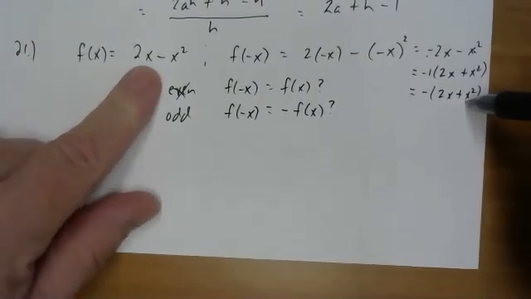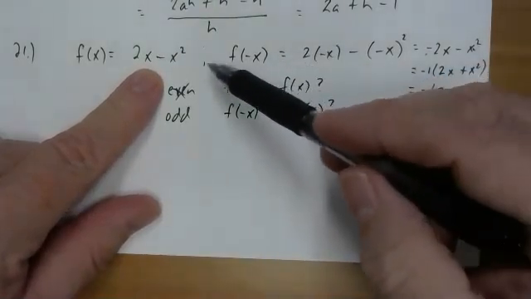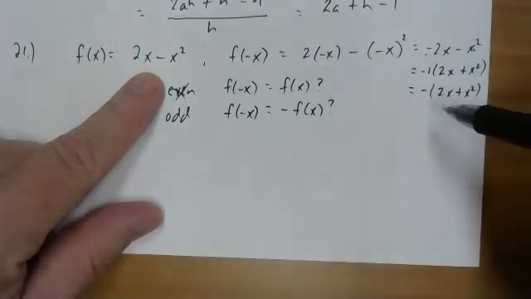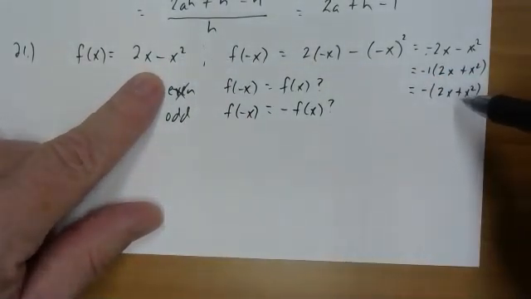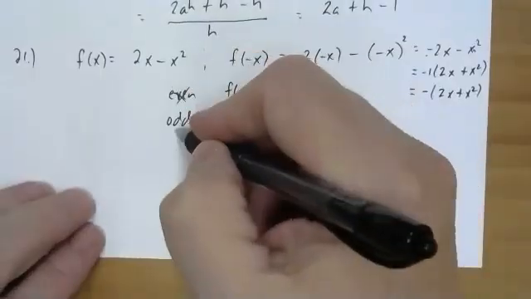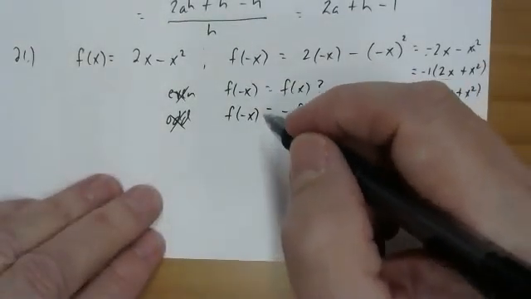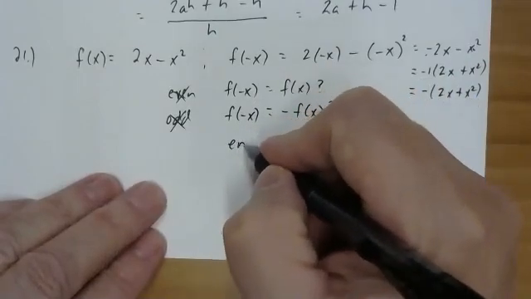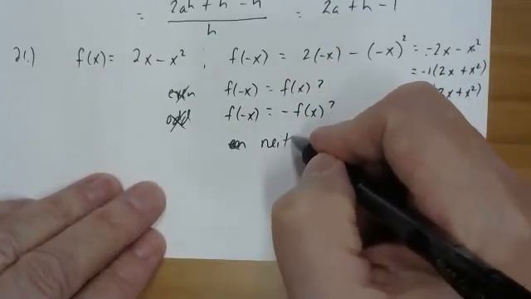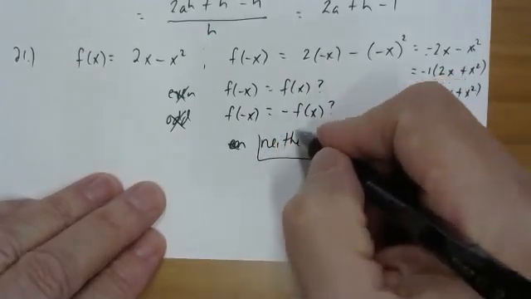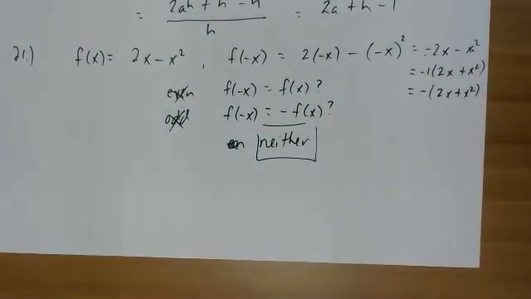It's pretty close, but the difference is this is subtract, and this is add. So they're not the same. So it's not odd. If it's not even and not odd, then we say it's neither. So 21 is actually neither.